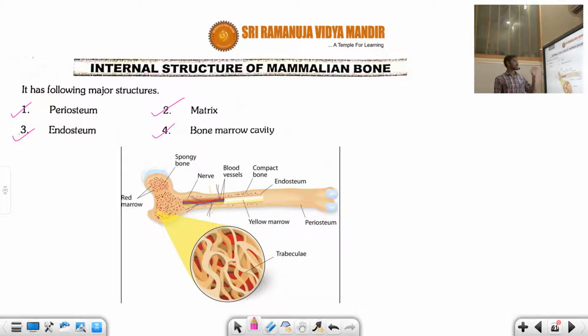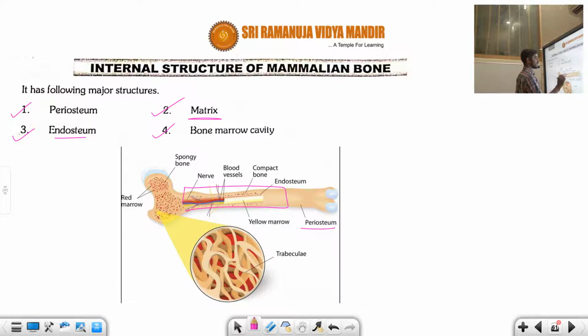The outermost layer of bone, you can see, is called the periosteum. The matrix is made up of lacunae, right? The matrix is present here in this way. And the endosteum, where is it? You can see this part represents the compact bone.